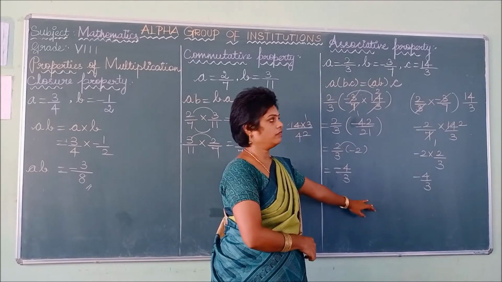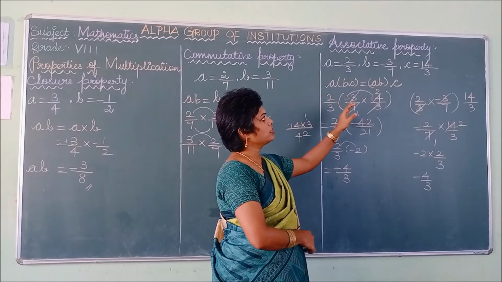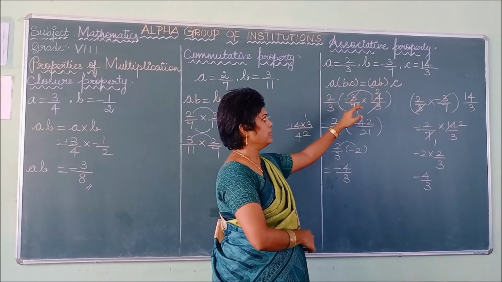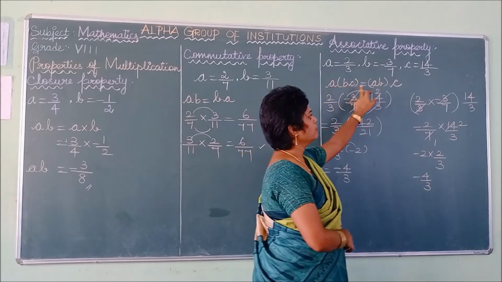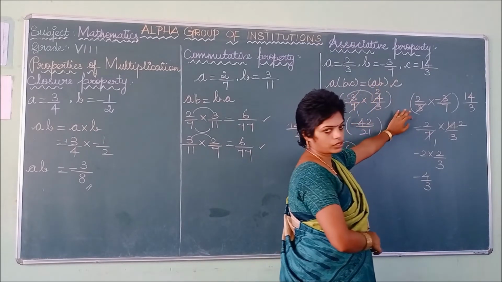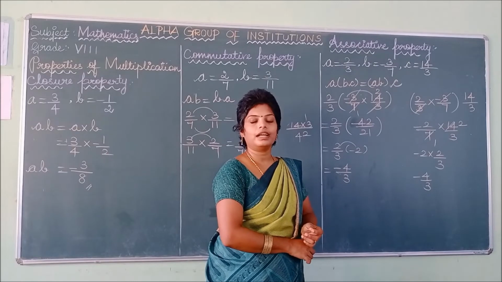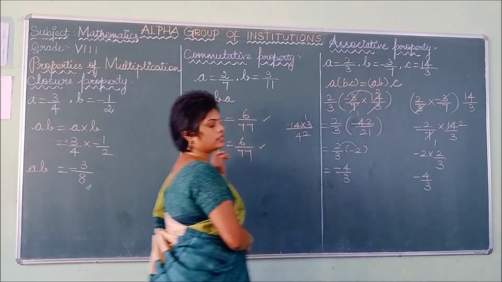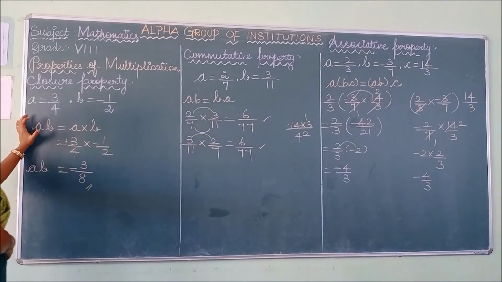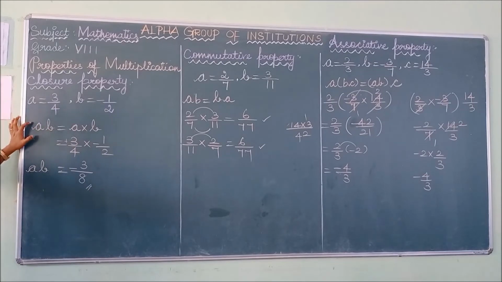From this condition we can say for any rational numbers A, B, C, A into BC is equal to AB into C. That means it satisfies the associative property under multiplication. So listen once again. Here the first property is closure. We verify for any two rational numbers A and B that AB is also a rational number, that is satisfied.